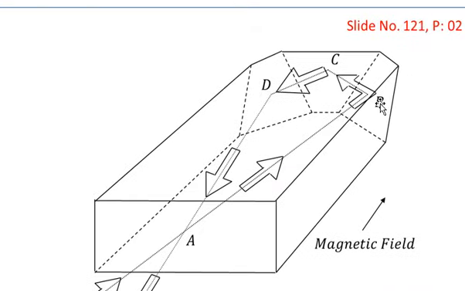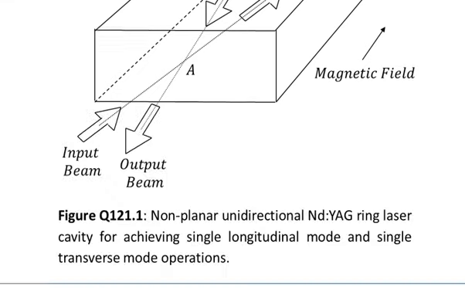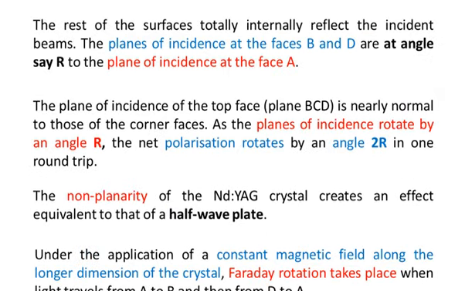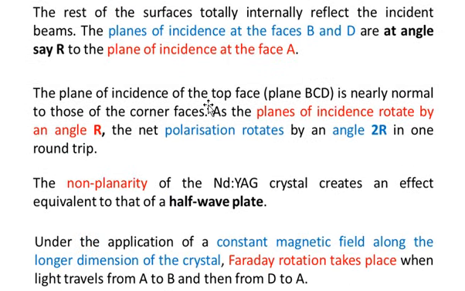So the plane through points B, C, and D is actually perpendicular to the faces at points B and D. It means that it is also parallel to the planes of incidence at point B and at point D. So the plane of incidence of the top face, that is plane BCD, is nearly normal to those of the corner faces.